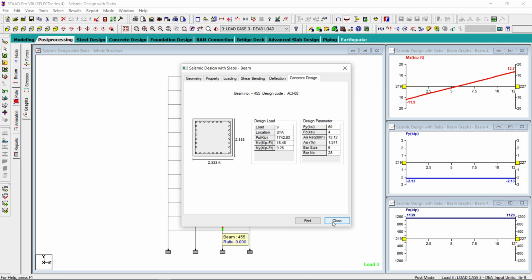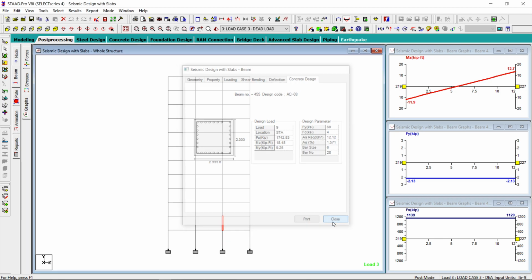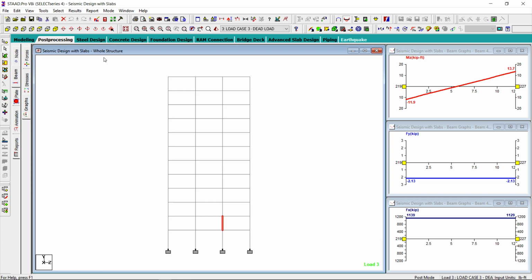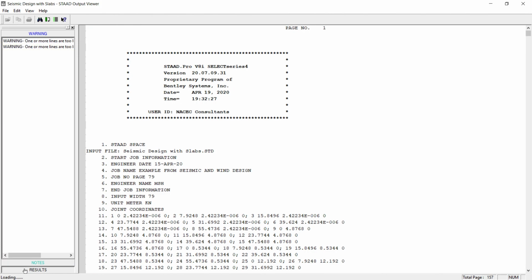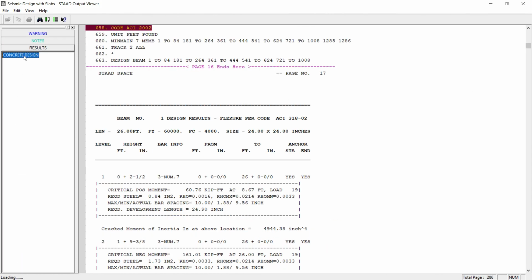Yeah, okay. 275 or 455, the same thing. Let us see 275. So we will see what is the result for 275.